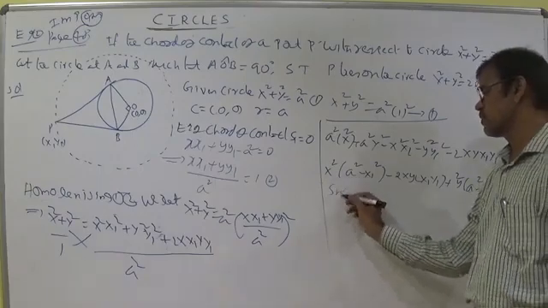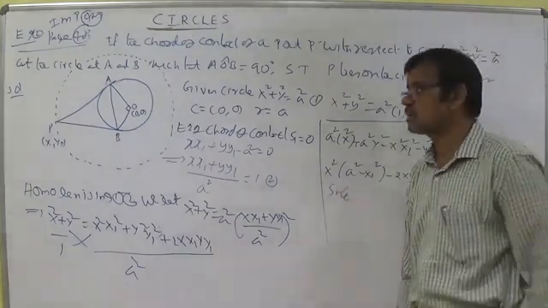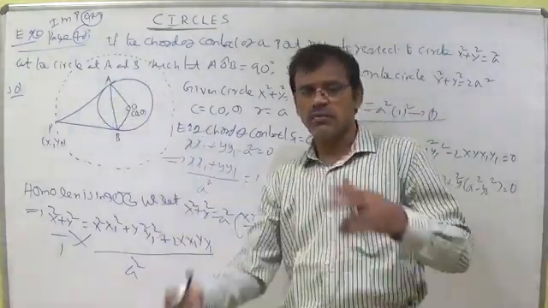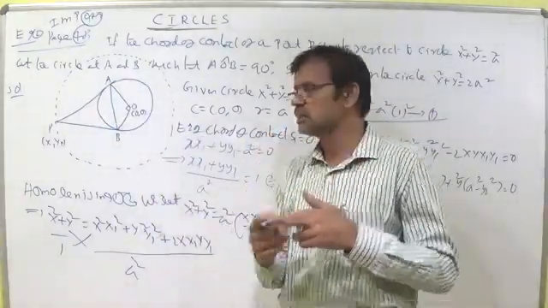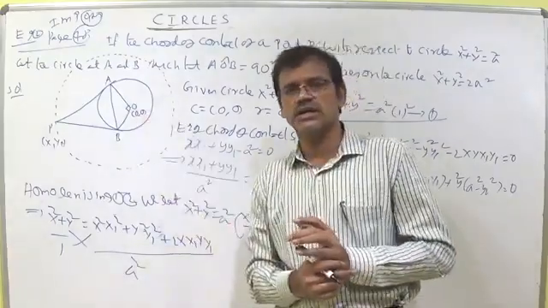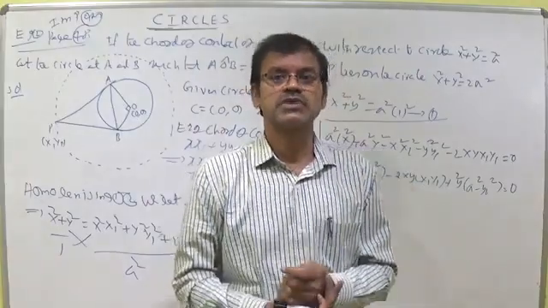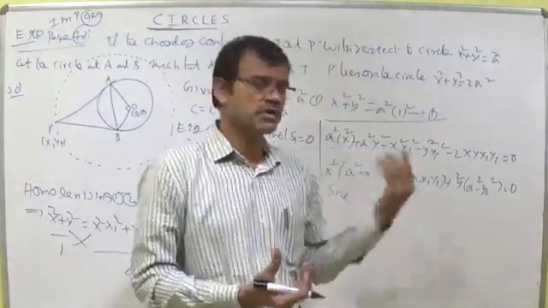Whenever the lines joining the points of intersection of any curve or lines to the origin make an angle of 90 degrees, then coefficient of x square plus coefficient of y square is equal to 0 in the pair of straight lines ax square plus 2hxy plus by square equal to 0.